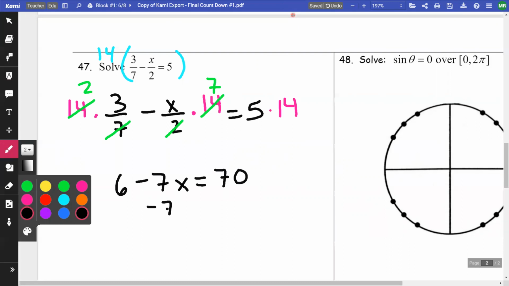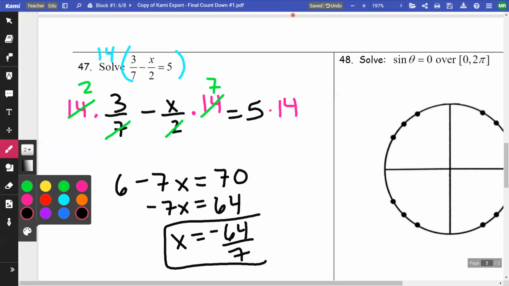So now I'm going to have a negative 7x is equal to, subtracting 6 from both sides, 64. And then I'm going to divide 64 by 7, negative 7. I'm going to get negative 64 over 7 as my answer.